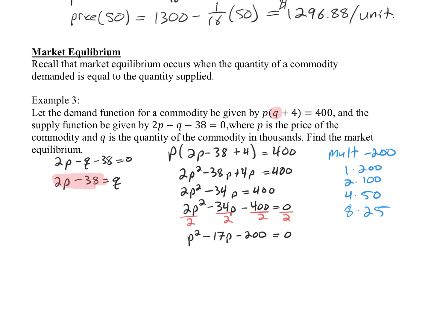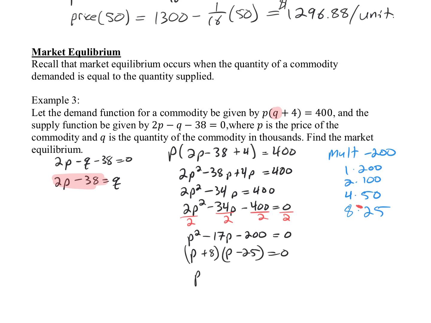So right now, if you want to multiply to get a negative number, one of your two numbers would have to be negative. Let's make the 25 negative. And then now when we combine them, a positive 8 with a negative 25 does give us the number in the middle. All right, we can now factor this. P plus 8 and P minus 25 is equal to 0.